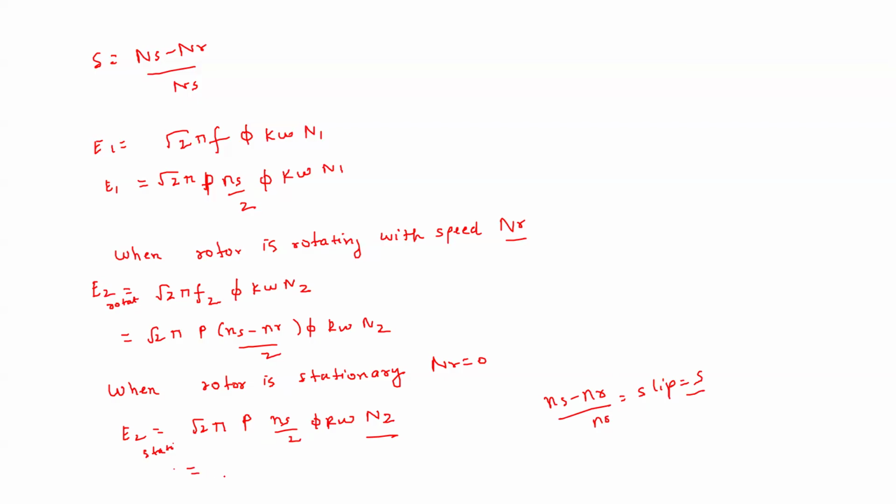So here I can write E2 rotating is root 2 pi p (ns minus nr) by ns, into ns by 2 pi k omega n2, into slip, which is slip times E2 stationary.